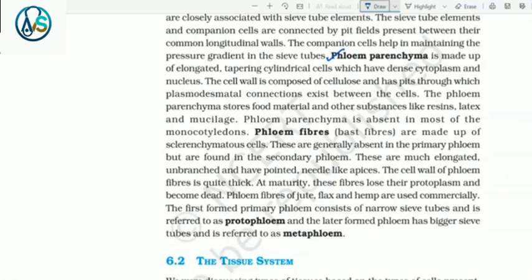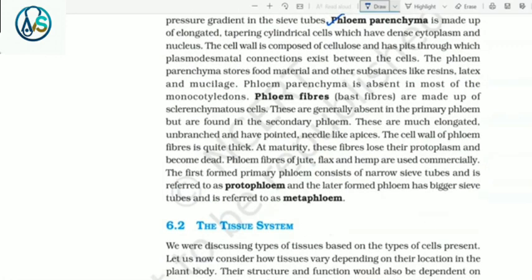The phloem parenchyma stores food material and other substances like resins, latex and mucilage. Phloem parenchyma is absent in most of the monocotyledons.